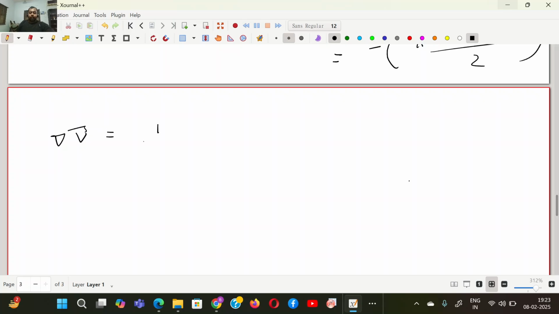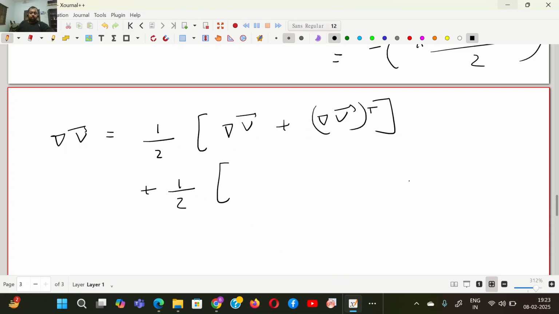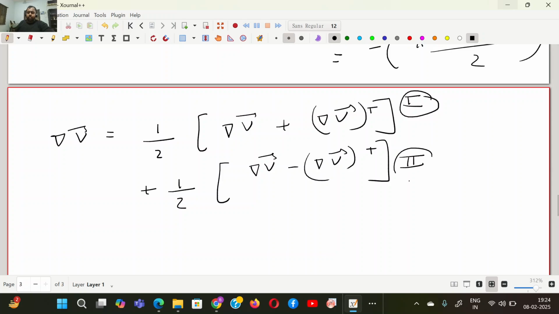if I take the velocity gradient, that's also a tensor. I can represent it in this form. This is one term, this is the second term.